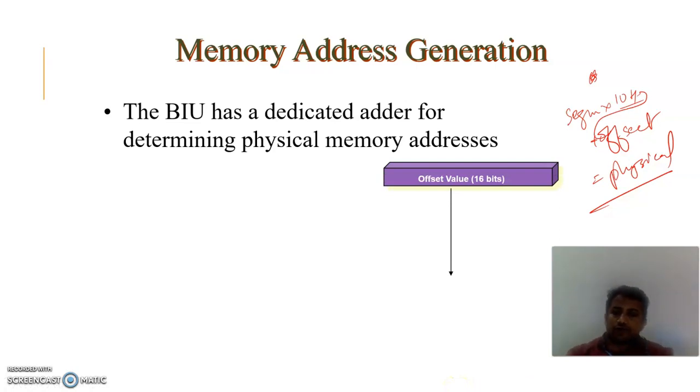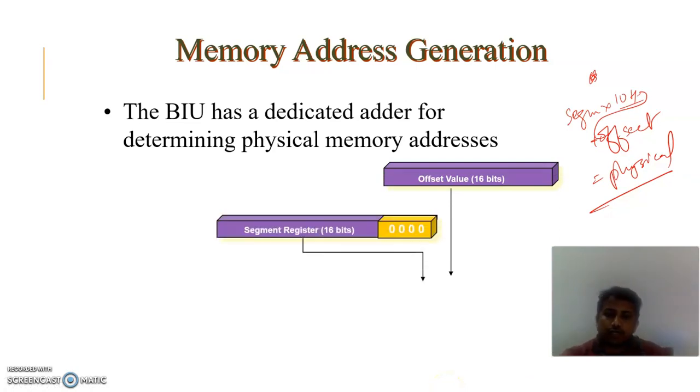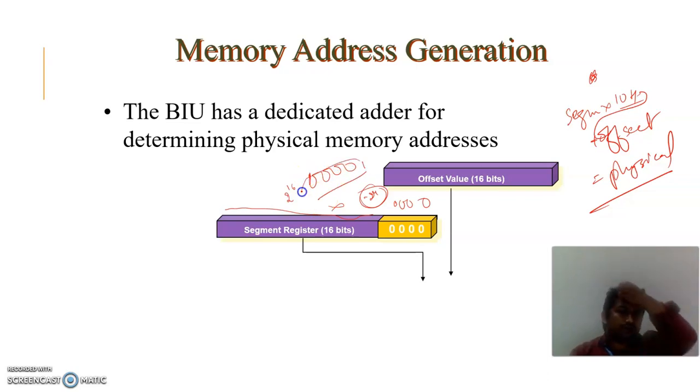So let's take an offset address and a segment address. The segment address is 16 bit, and multiplying with 10H is equivalent to appending 4 zeros on the right side. As we know, this is 2 power 16 and this is 2 power 4, so multiplying them, obviously you get 4 zeros appended.